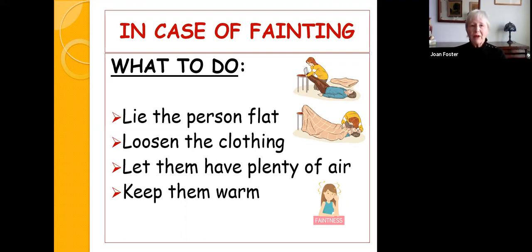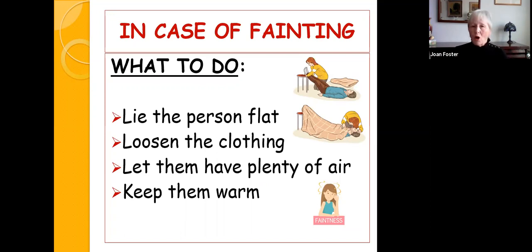So you get a person flat. The pictures on the side show somebody putting the legs up. That's not really the most important thing to do. You have to loosen clothing. Sometimes the reason people are fainting is because they're all bundled up in winter clothing and have gone into a grocery store and they're too hot. So you've got to loosen clothing. What that means is that if the man has a tie on, you've got to loosen the tie and undo the button. If you can, even undo the coat.